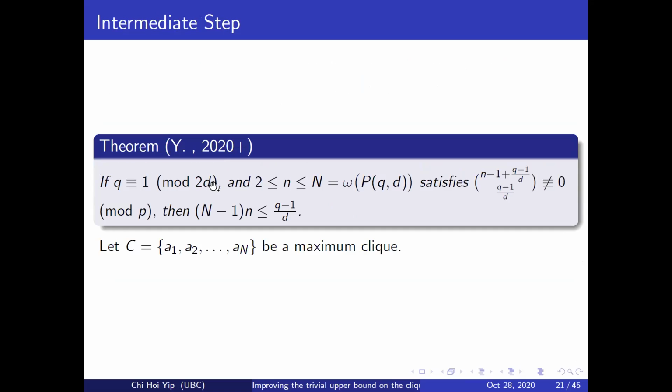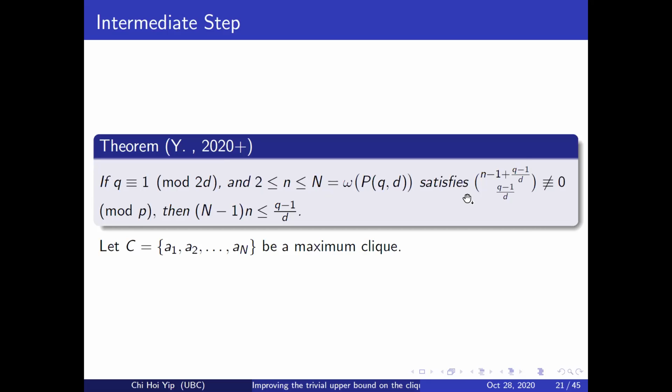To do that, we need an intermediate step. Suppose q is congruent to 1 modulo 2d, and suppose capital N is the size of the maximum clique. We need to introduce an additional parameter little n, where little n is bounded by capital N, and little n satisfies that this binomial coefficient does not vanish.